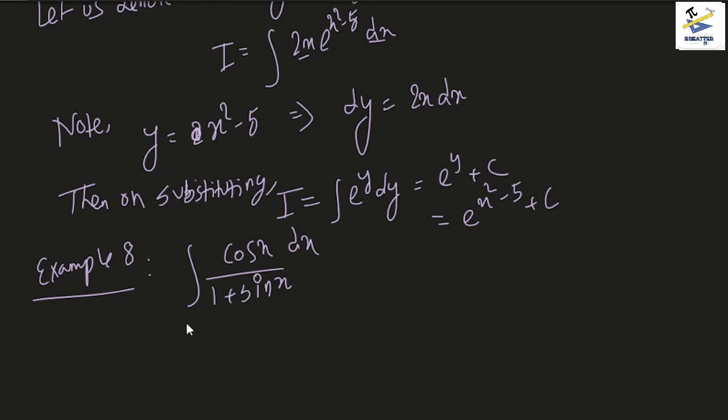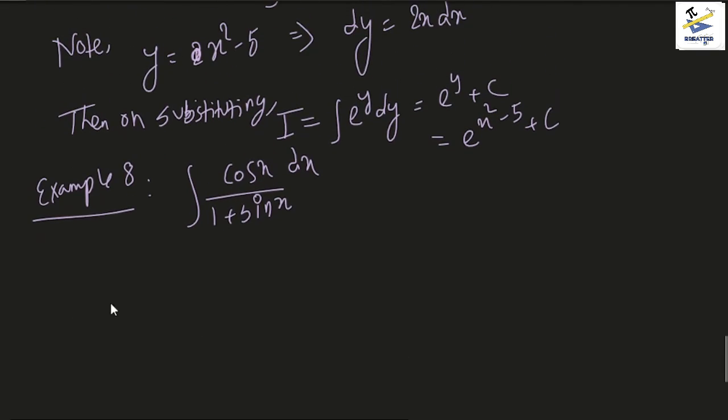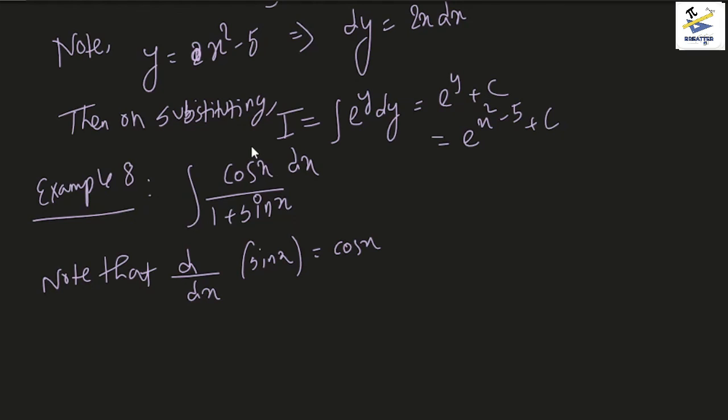So this one looks a bit more tedious than before, but note that d/dx of sine x is just cos x, right? So as we can see, cos x dx is present in the numerator and 1 plus sine x is in the denominator.